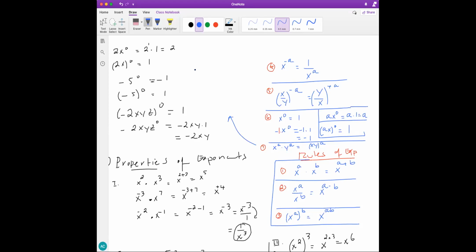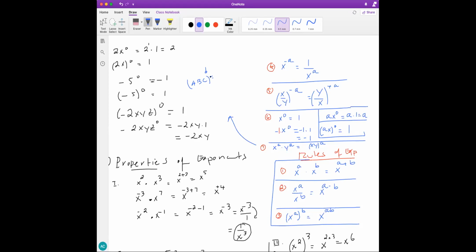Here's another example of this. If you have, for example, a, b, and c all together and they share some power, let's say d. So all these have the same power.